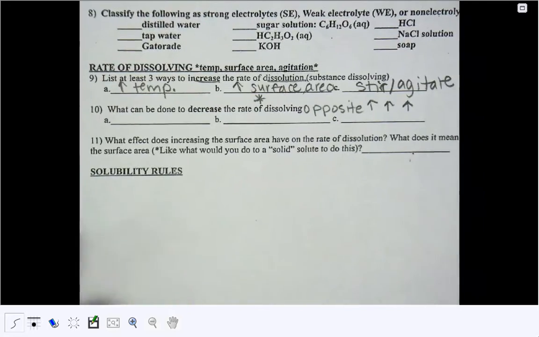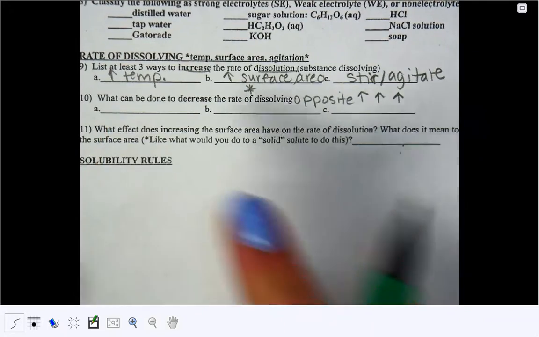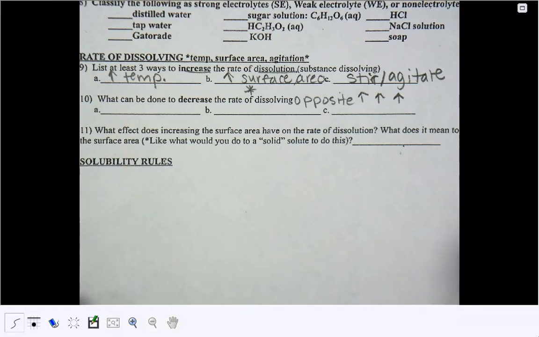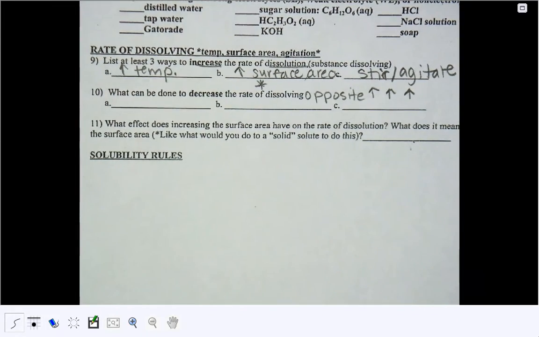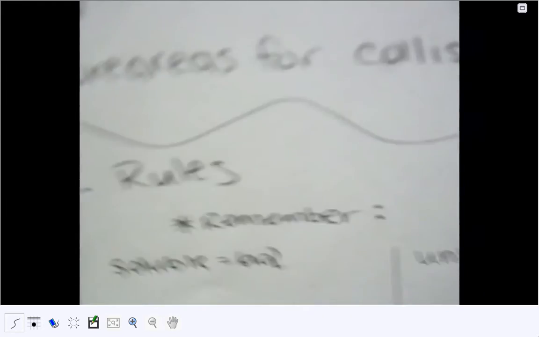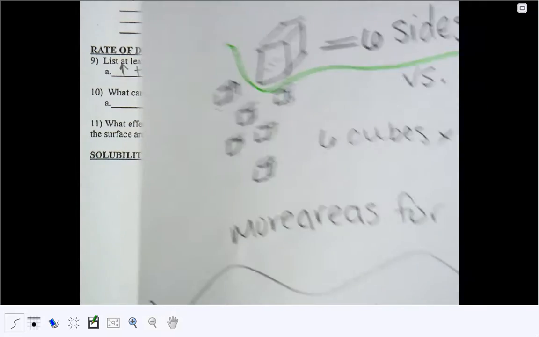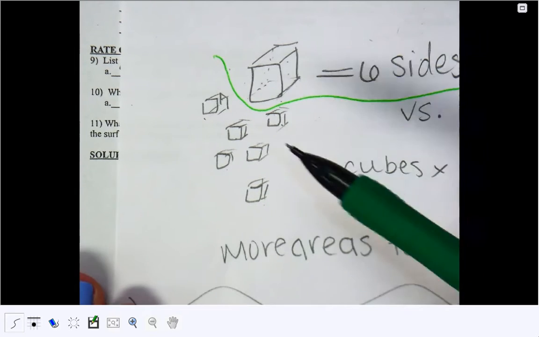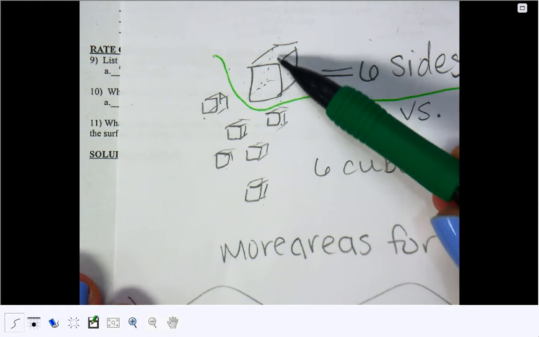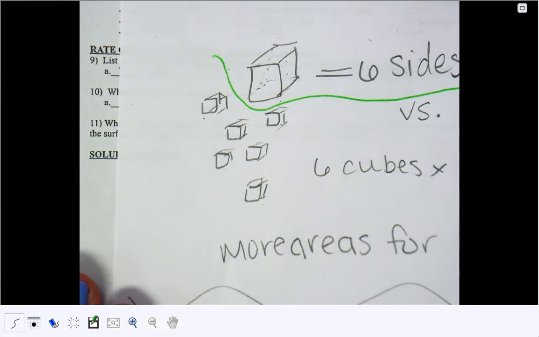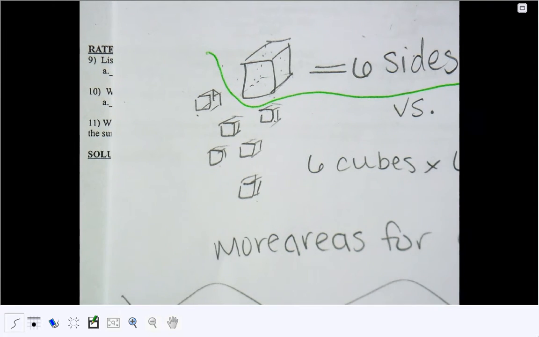So, number 11 says, what effect does increasing the surface area have on the rate of dissolution? So when we are talking about increasing the surface area, I'm just going to show you the image that I drew earlier. It takes me a long time to draw a bunch of little square cubes. All right, so here is the picture that I showed earlier. So if you think about a cube, it has 6 sides to it, right? So 1, 2, 3, 4, 5, 6. Any dice has 6 sides on it, right?